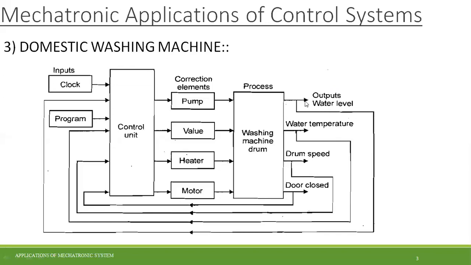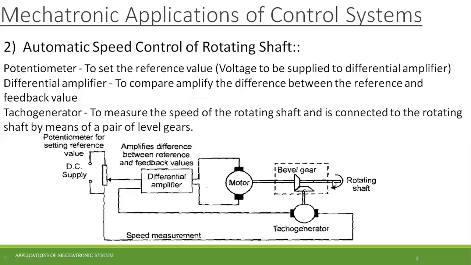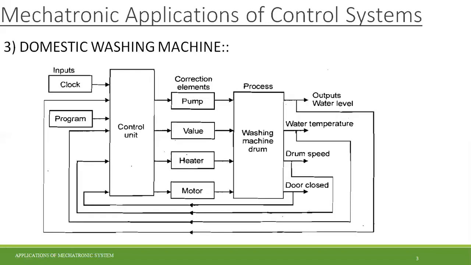In the first application, in the previous class, we discussed the water level. And next, presently, we are discussing the drum speed, another one. In the second application, we discussed that the tacho generator will give the RPM. And hence the rotation of the drum also will be measured by this RPM sensor, which gives the feedback signal to the controller. So this is the scenario of washing, rinsing, and next the drying process. These are three different methodologies.